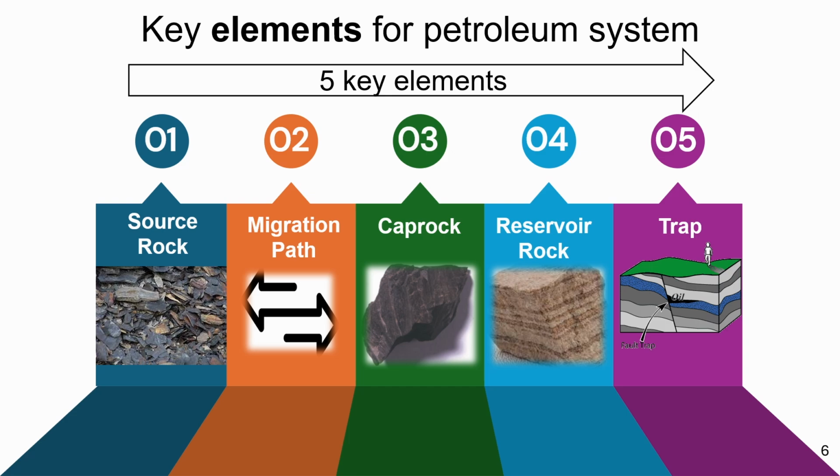So when geologists or engineers evaluate a basin, they ask 5 questions. Where was petroleum generated? How did it move? Where is it stored? What seals it? And what structure or geometry traps it in place?